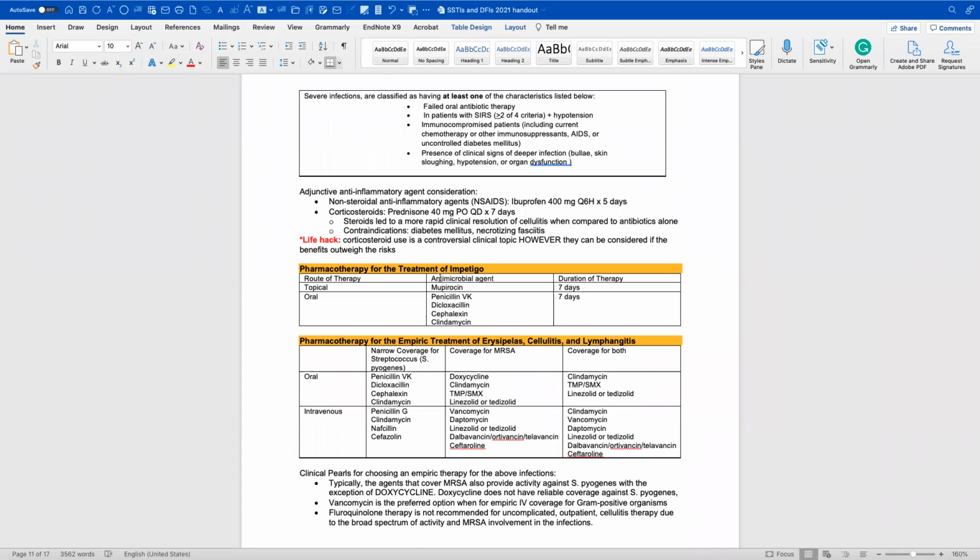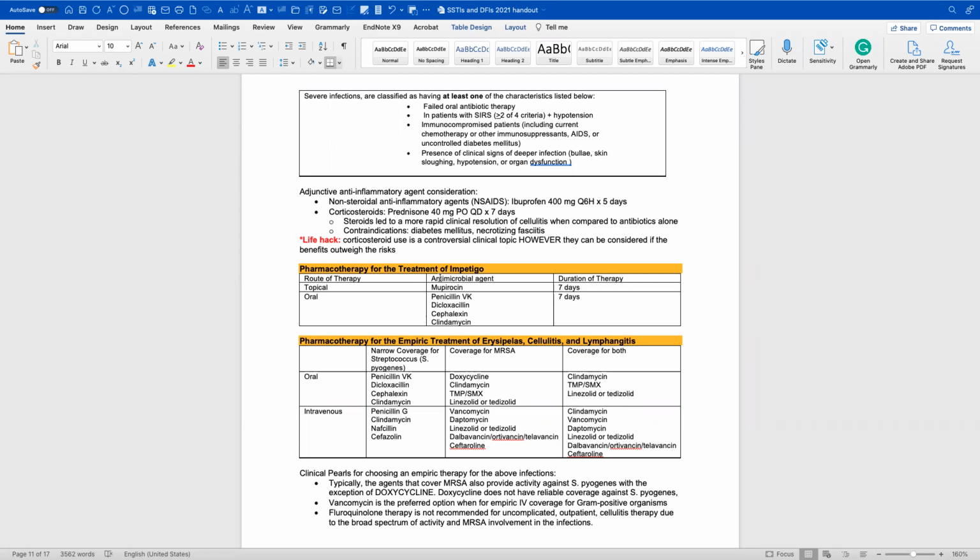To treat the other presentations of strep pyogenes mediated infections, erysipelas, cellulitis, and lymphangitis, we can go ahead and use just the narrow coverage. For streptococcus, the most narrow agent for strep pyogenes or streptococcal infections is penicillin.